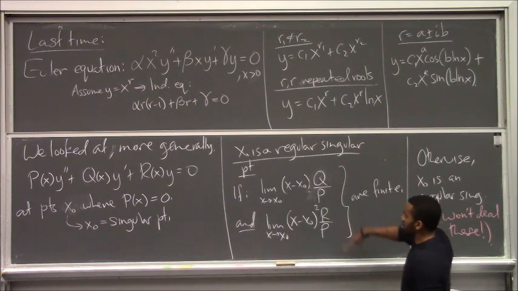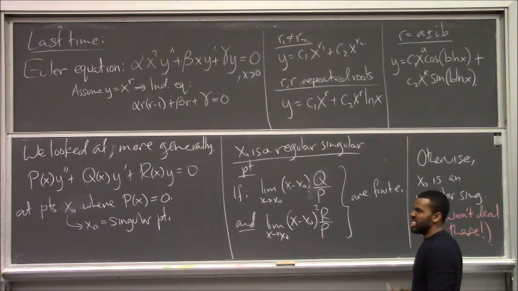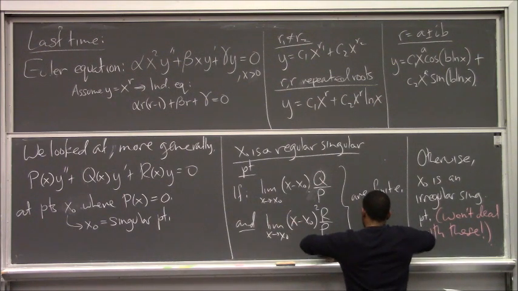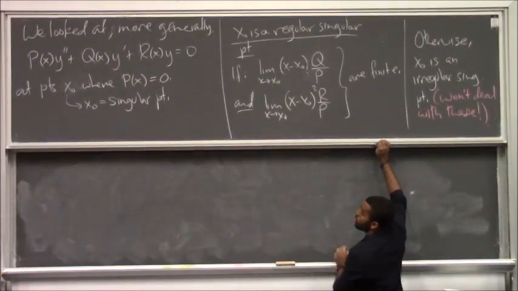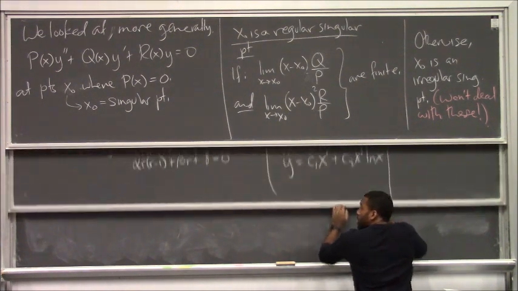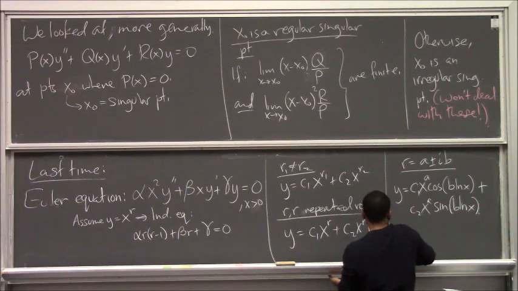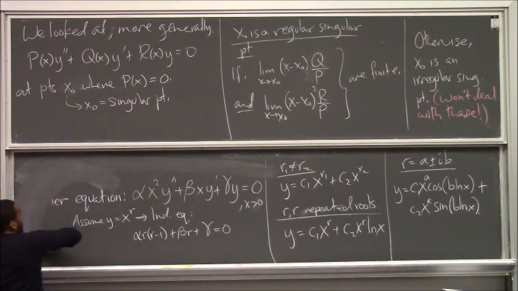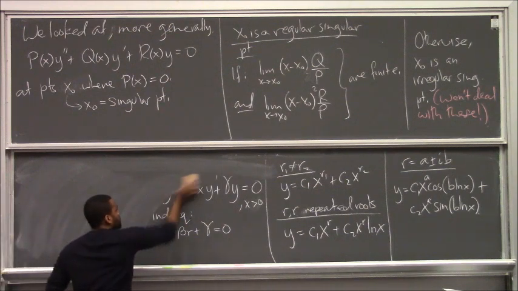And if these work out, then it feels like it should be possible, and we should be able to find a power series solution to this equation. Now, of course, if that's not possible, then you have to just try something else. But there are many times in which it is possible, and in this class, there are going to be situations in which it is possible, and you're going to actually just find a solution.